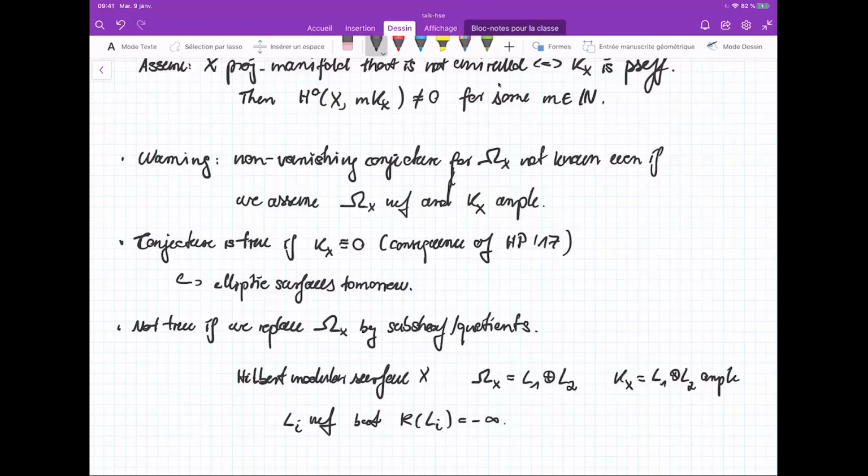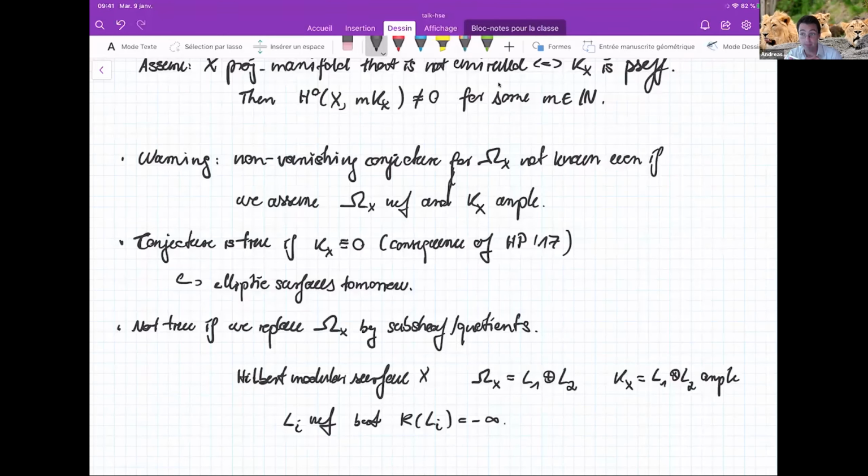Any questions? Out of curiosity, it's probably beyond the scope, but what if instead of the cotangent, you consider the tangent? We've studied the tangent bundle, and I will talk a bit about this on Friday.